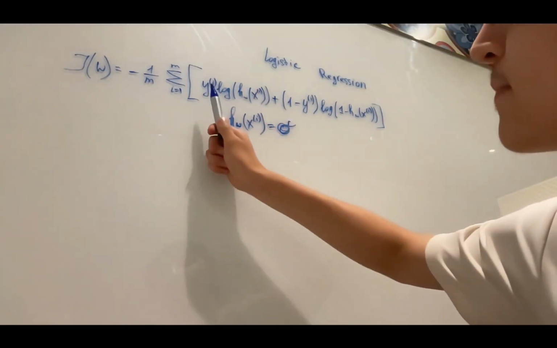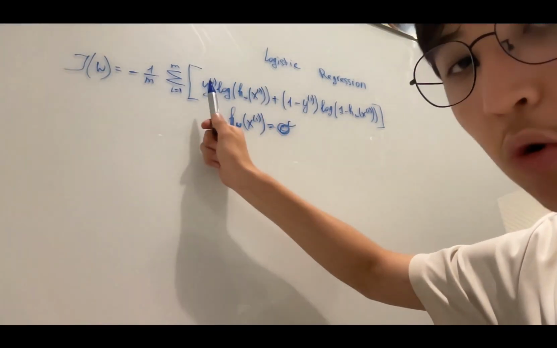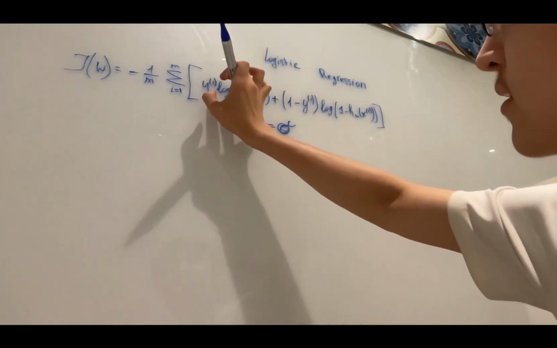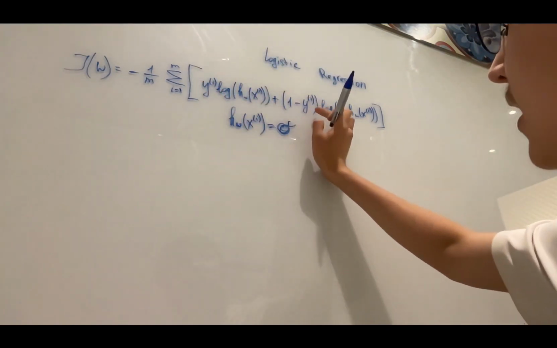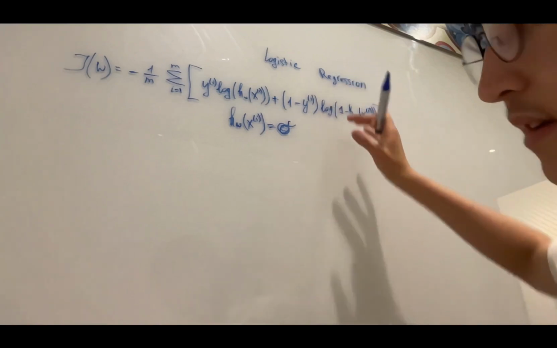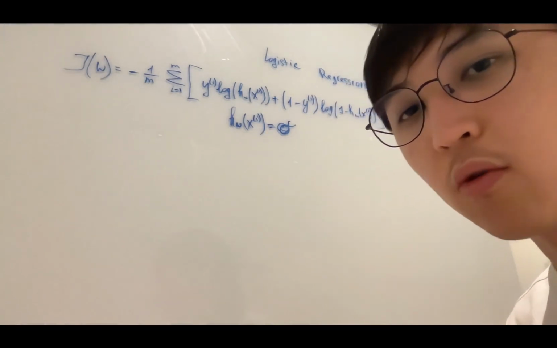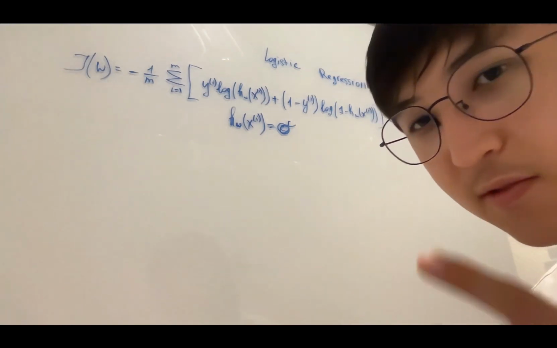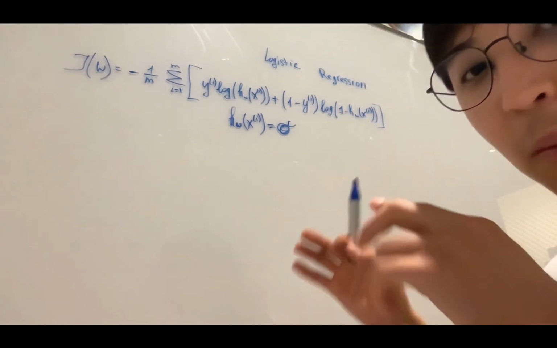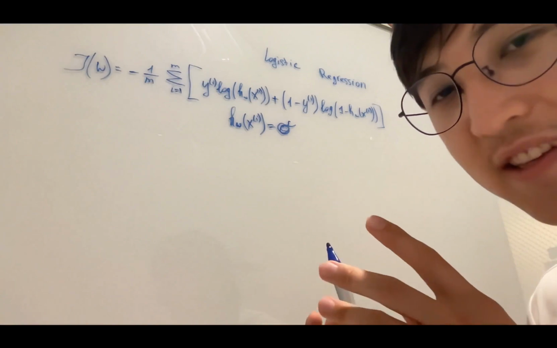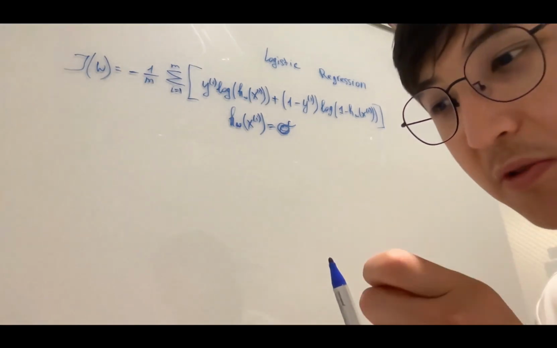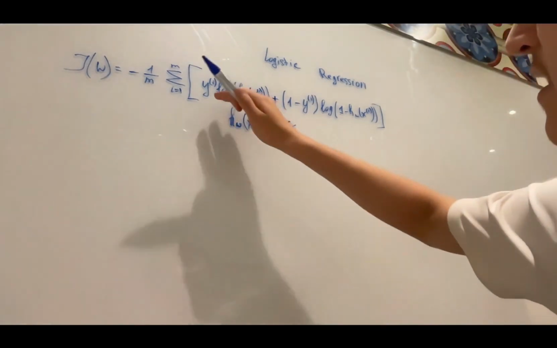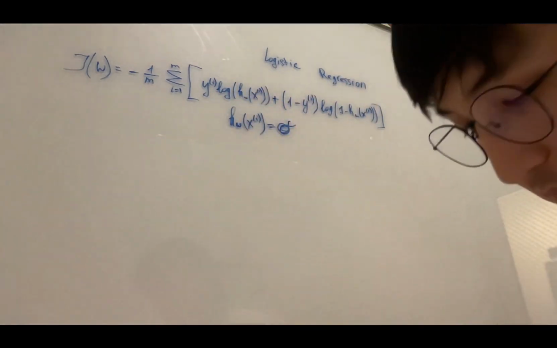When y equals 0, the first part becomes 0 and we ignore it, and the other part is multiplied by 1, so we use that log. Do you see the power of log loss here? If we have class 1, it ignores one part. If we have class 0, it ignores the other part and uses this one. So this is a very cool function.